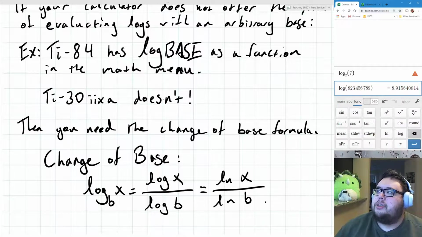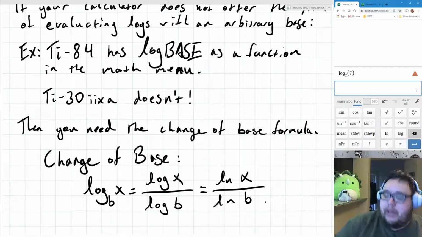So in Desmos, the scientific version of Desmos that I've been using as my calculator since we switched to remote, you'll notice that ln and log are over here. So they are in here, but I was having trouble. I couldn't do log base 2 of x, right? Or log base 2 of 7.